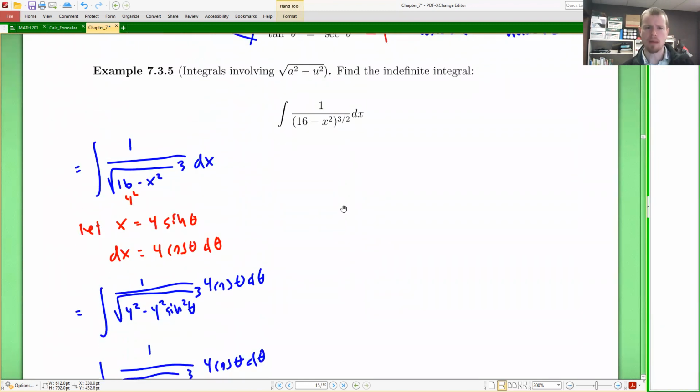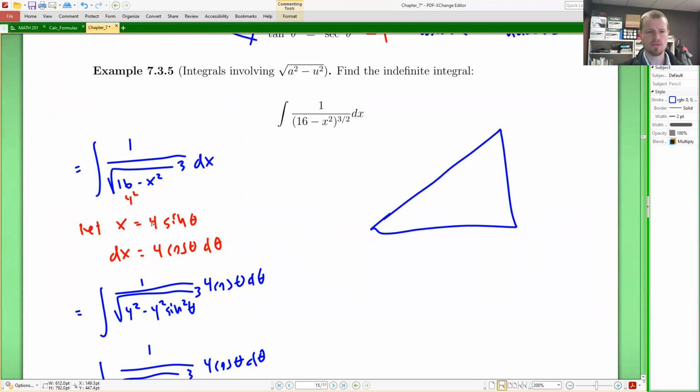This is why we go back and draw ourselves our fancy triangle with appropriate labels. If x is equal to 4 sine theta, then x over 4 is equal to sine of theta.